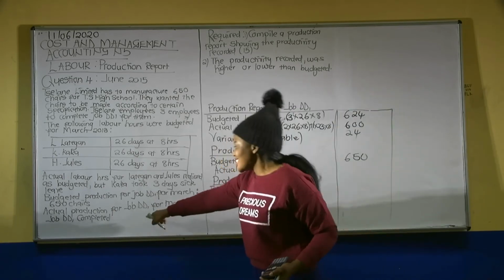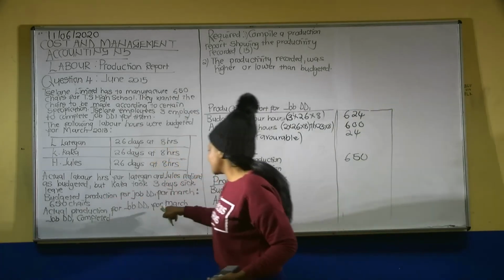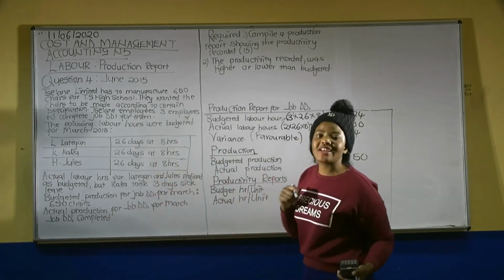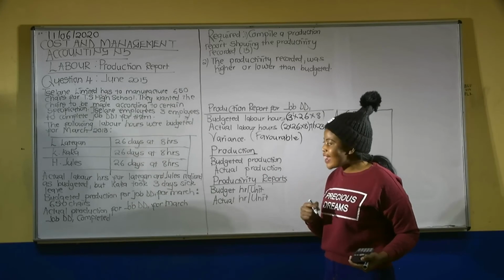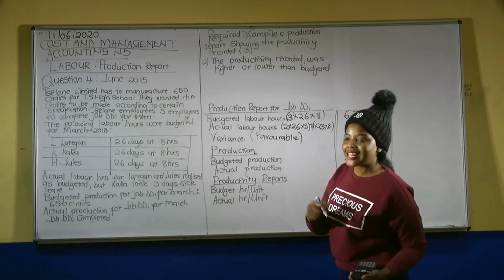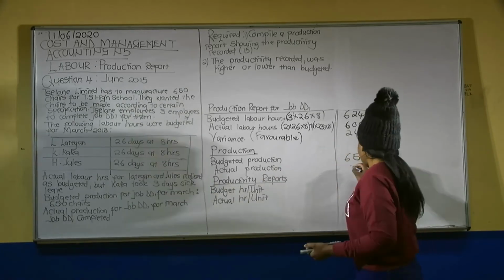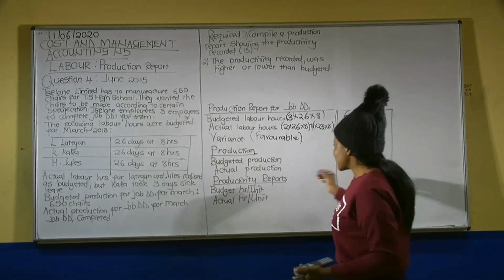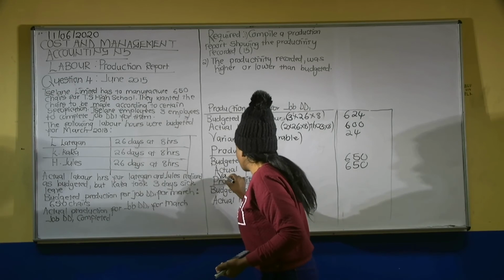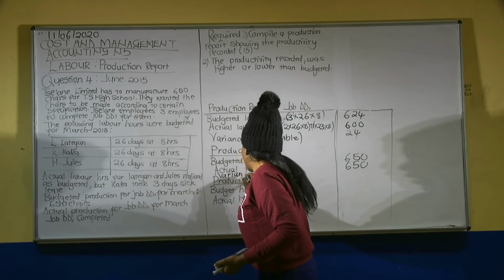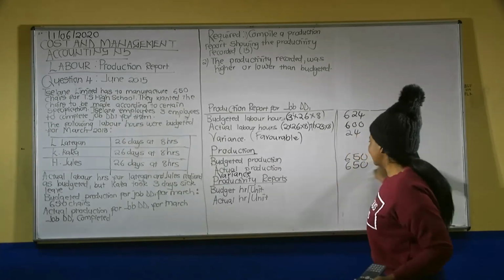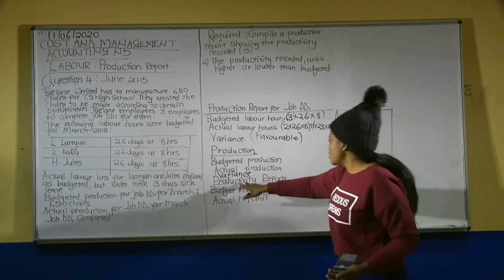In the last statement they said actual production for job DD1 for March was completed, meaning whatever the company budgeted, it managed to produce in actual fact. So the actual production is 650 chairs. The variance here will be 0, or you just leave it blank.